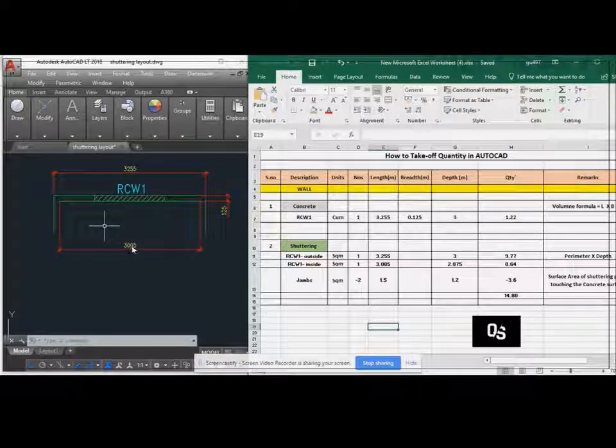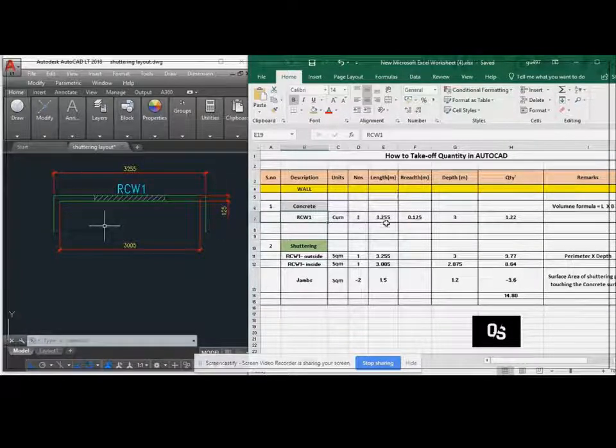To take the quantity for the concrete, we go to Excel and type the serial number, description, units, numbers, length, breadth, depth, and quantity in remarks. First type concrete and write the specification, RCW1, and the unit of the concrete is cubic meter.